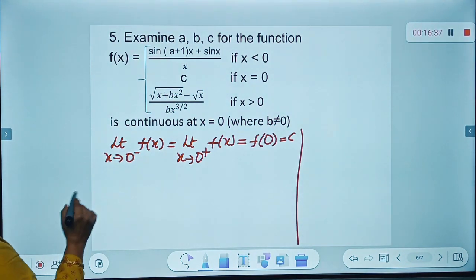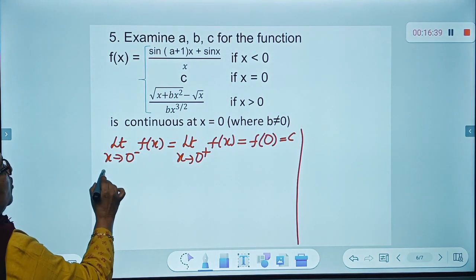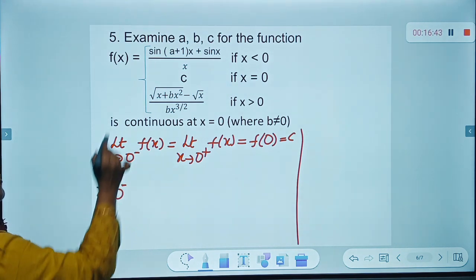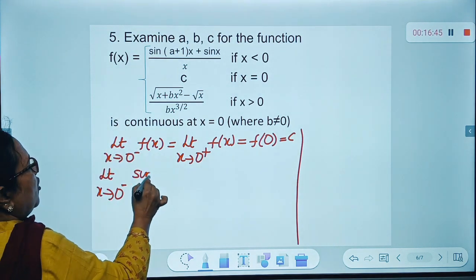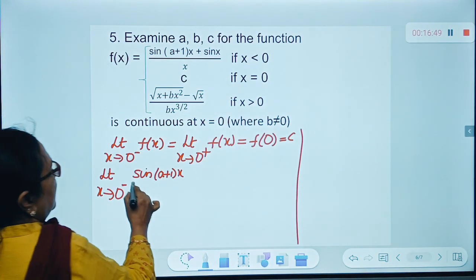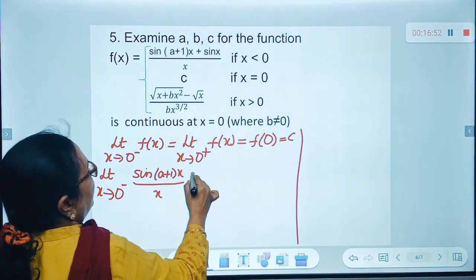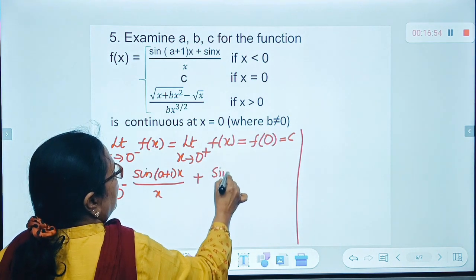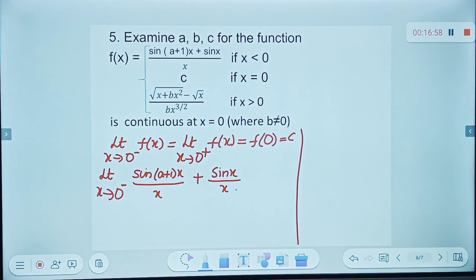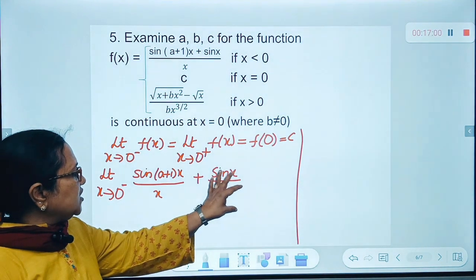Now, let us first find the left hand limit. Limit x tends to 0 minus of f of x will be sine of (a plus 1)x by x, I am just splitting and writing it, plus sine x by x. We know that as limit x tends to 0, sine x by x is 1.